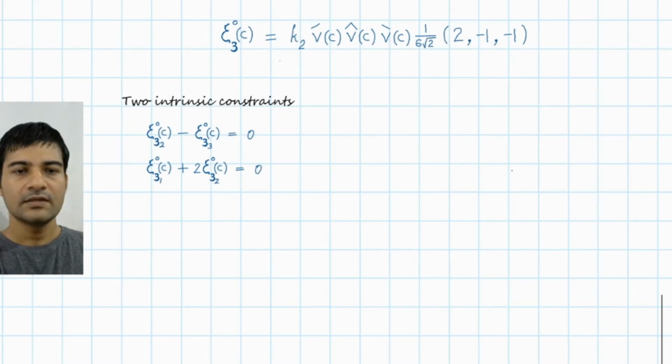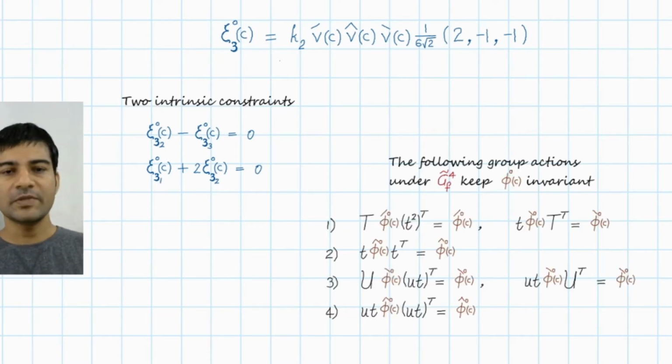And the second intrinsic constraint says that the first component is twice the negative of the second component or the third component. Now we will see how these intrinsic constraints arise.